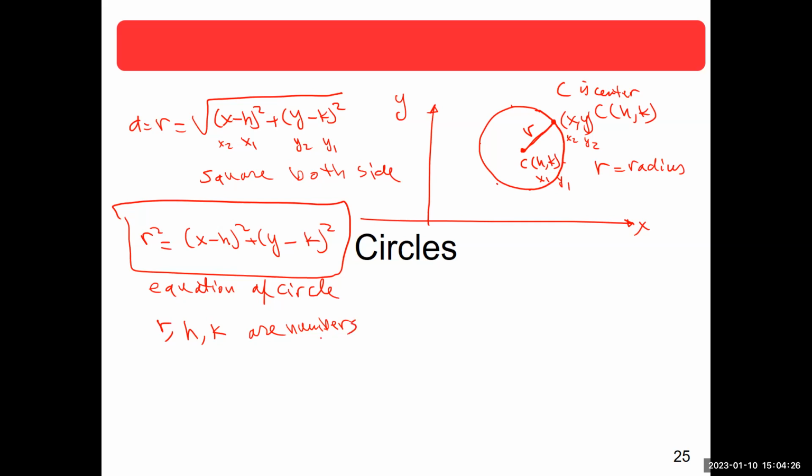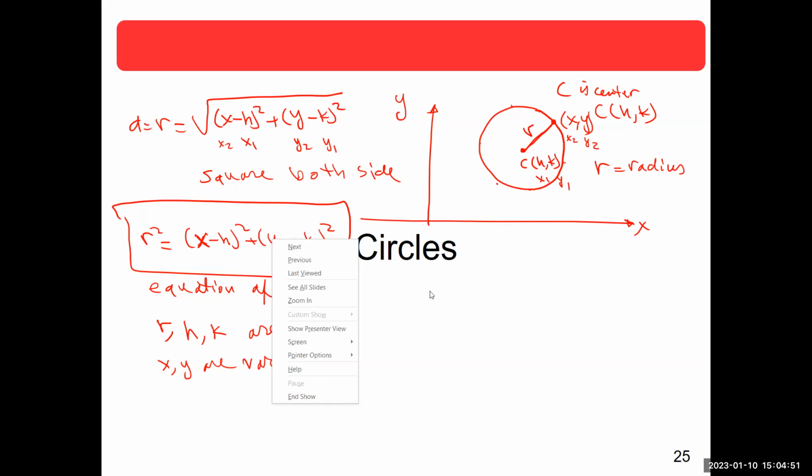X and Y are variables. That could be anything, or variable. Okay. So the equation must have this shape. This is always X and this is always Y. And the others are numbers.